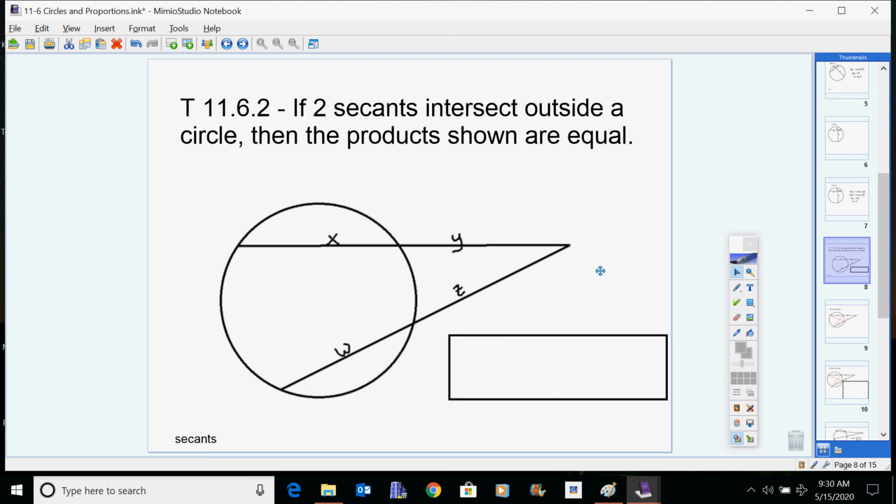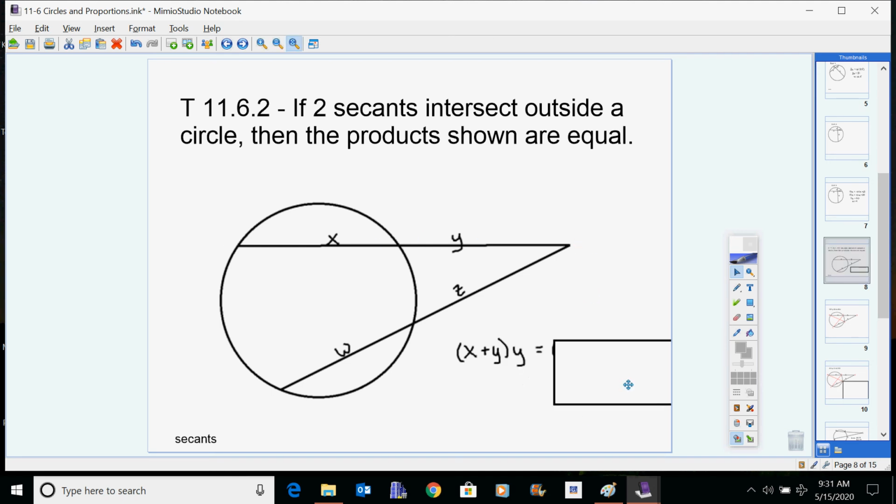And it also has to do with products, which is really cool because we don't have to be wondering if it's products or not, but we do need to know what it's a product of. So it's a product of y and x plus y. Okay, and I'm going to show you a little mini proof as far as why this works in a minute.